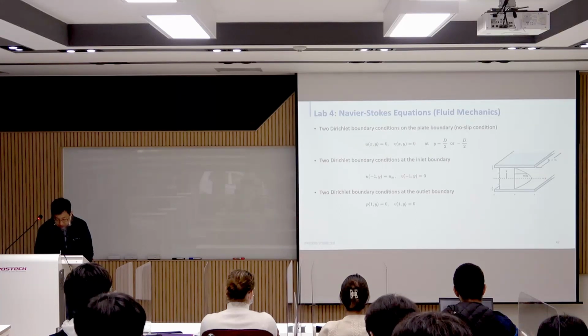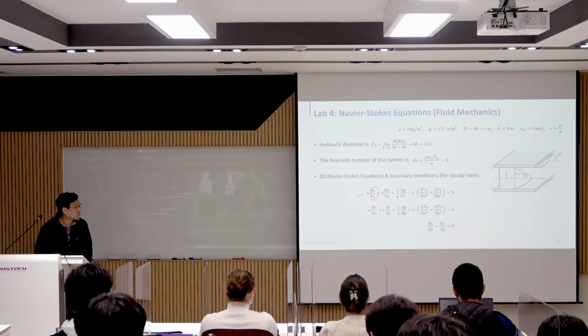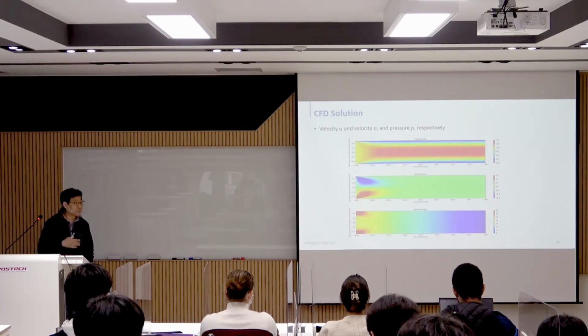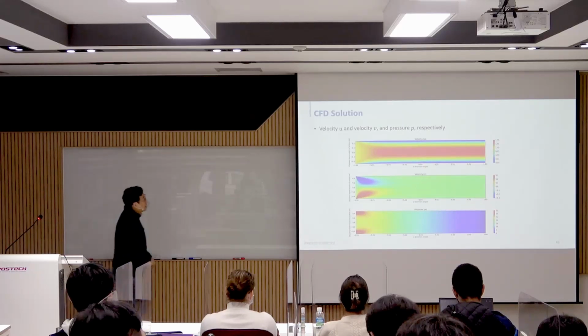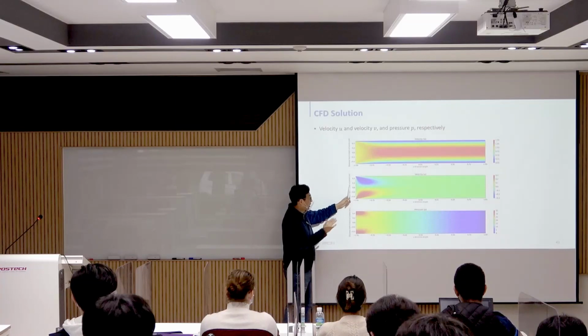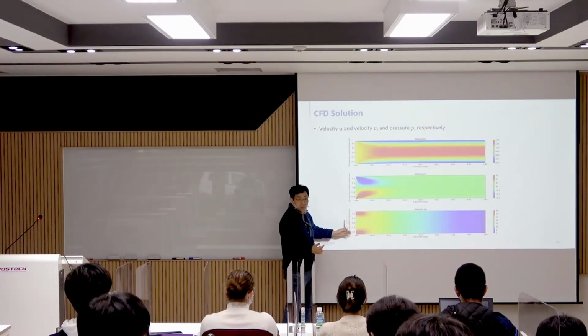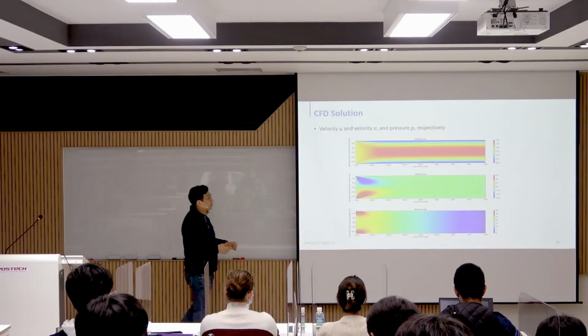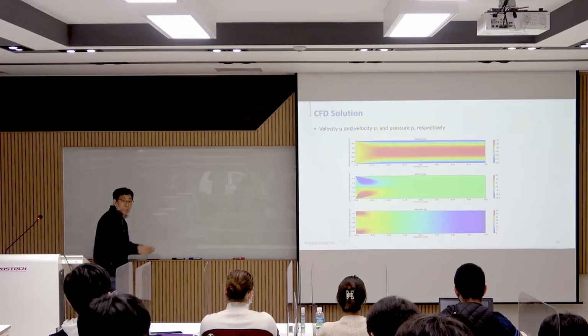This one is difficult to solve by hand. So we ran computer simulations, and this is the profile: velocity in the x-axis and y-axis, and this is pressure. We're going to assume that this is the ground truth.